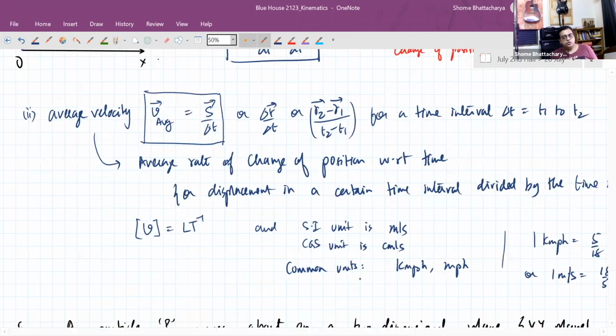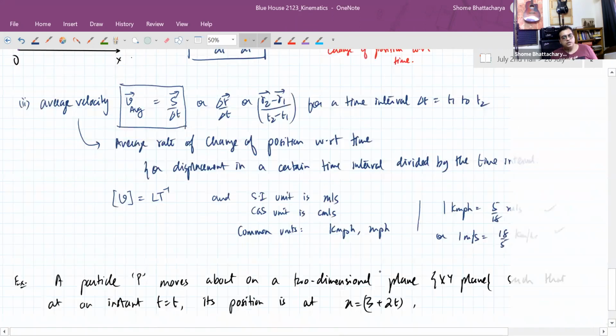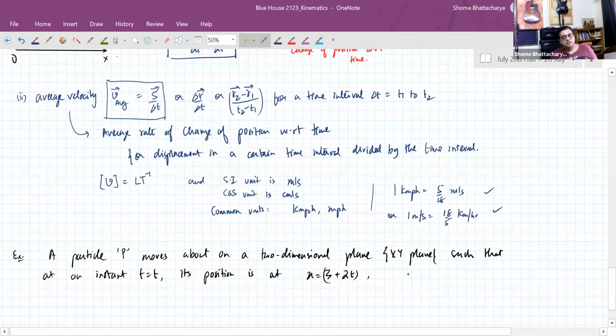So its x coordinate is given by this expression, its y coordinate is given by this expression.